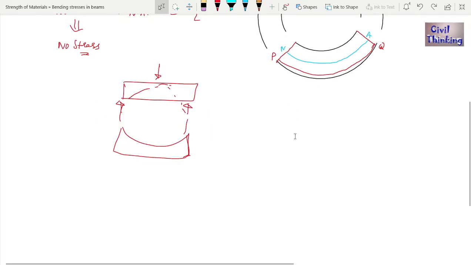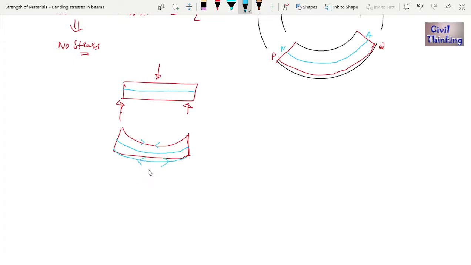Suppose this is the neutral axis; the neutral axis will bend too. You can see the above part is in compression and this part is in tension. This is the reason this region is called the tension zone and this is called the compression zone. Anyway, it was not the topic.